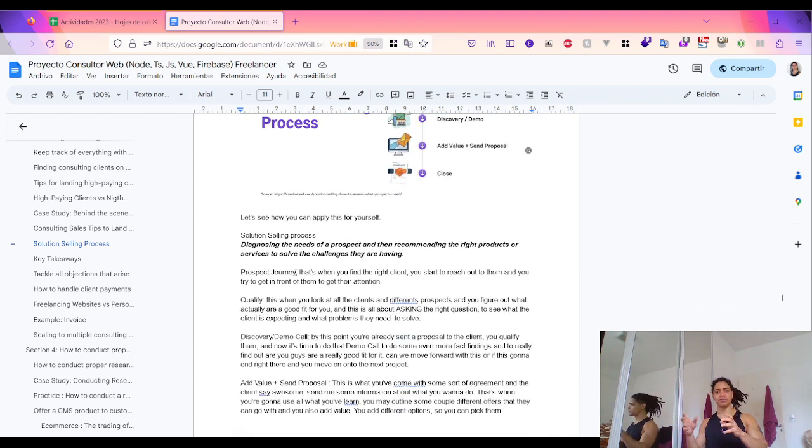An example of this as a software engineer is: I am a Node.js and Vue developer. This is what I can provide: server and browser applications, JavaScript full stack applications.